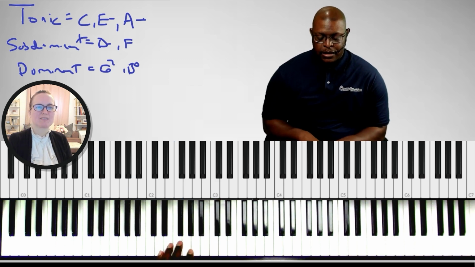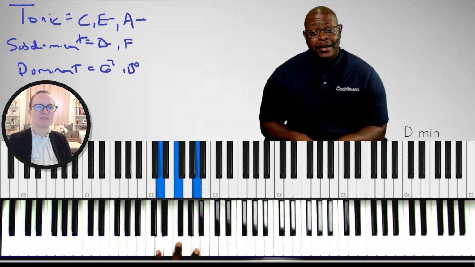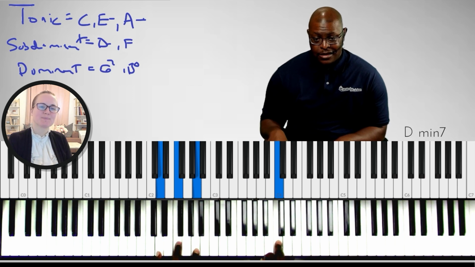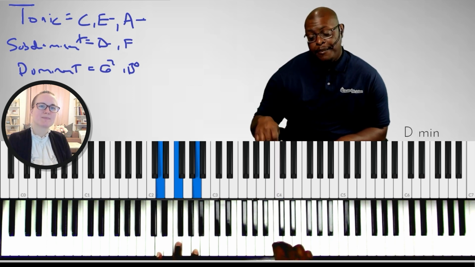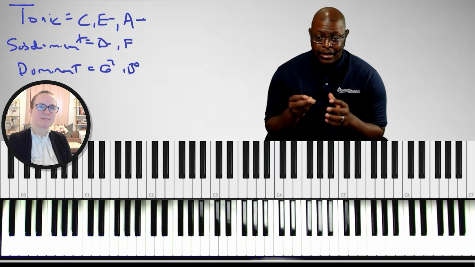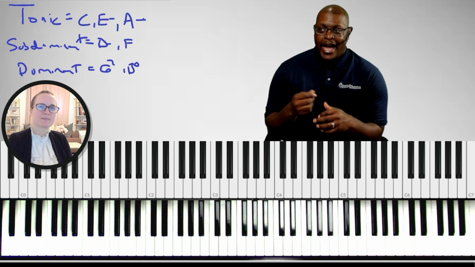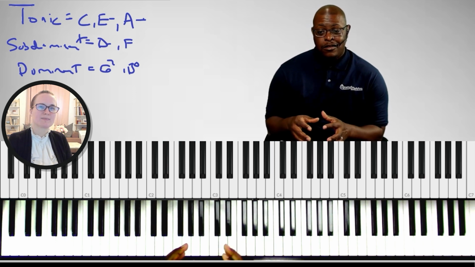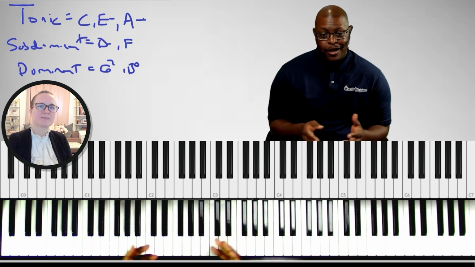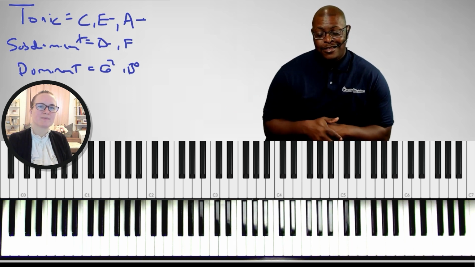Well, I'm playing a D minor chord, but the melody at that moment is what makes it D minor 7. I played a D minor chord, but the melody made it a D minor 7, which is why it's so important to have the melody, because the melody will add extra spice and other colors to your chord when you least expect it. You don't even have to think about doing it. You just play your normal chord, and the melody will add to it.